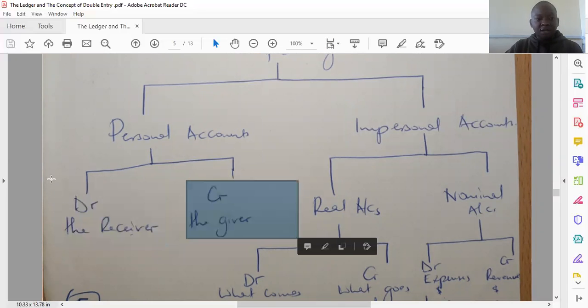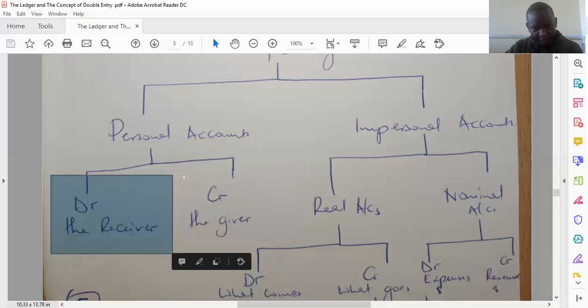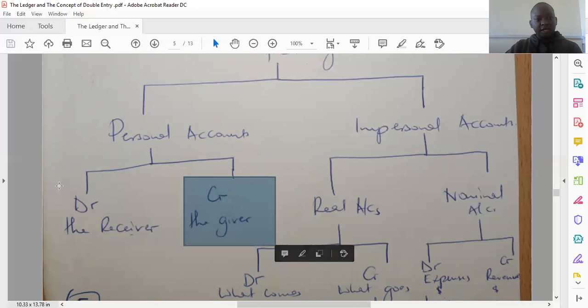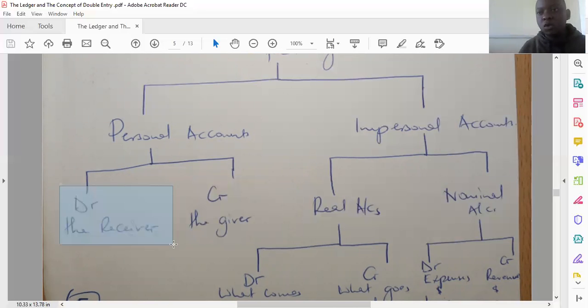So say for example, you've sold goods to a customer on credit basis. Your customer has received the goods, so in this case your customer is the receiver. Therefore, you debit the customer's account, being that he is the receiver.